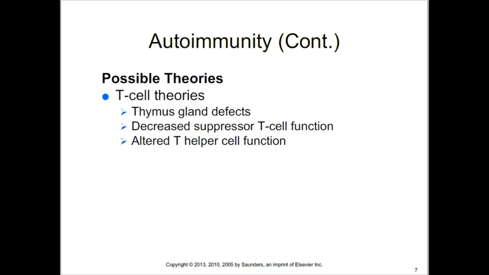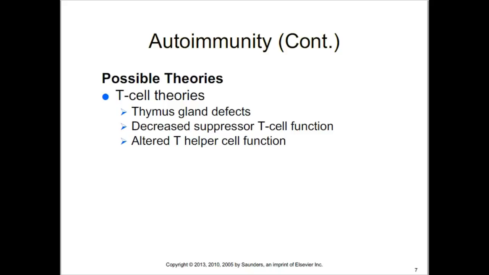Basically they undergo a boot camp, like I call it, where only the soldiers that know how to not attack self antigens are allowed to leave the thymus and become mature T lymphocytes. The other ones undergo something called clonal deletion, and they are eliminated, not allowed to survive, the ones that attack self. So one of the possible theories leads us to believe that the thymus gland is not working in the way that it's supposed to, right?